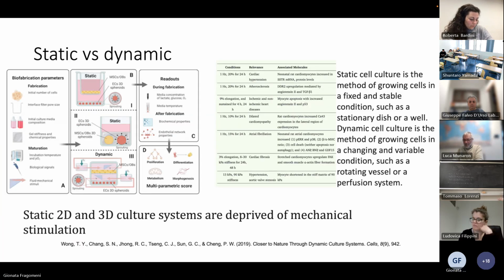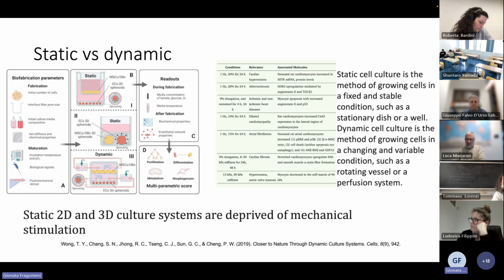Another big factor is the static versus the dynamic culture method. The static cell culture is the method of growing the cells in a fixed and stable condition, such as a stationary dish or a well.